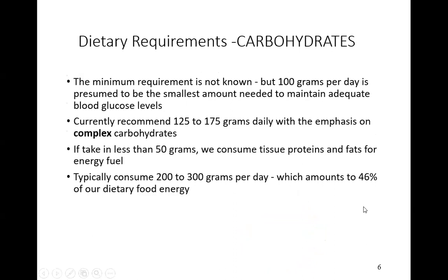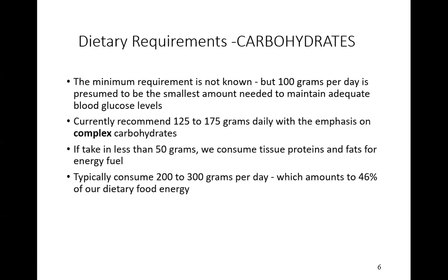So how many carbs a day do we have to take in? Well, we don't know what the upper end is. We know what the lower end is. The lower end is about 100 grams of carbs. So the minimum would be like 2 apples, which is about 100 grams of carbs.